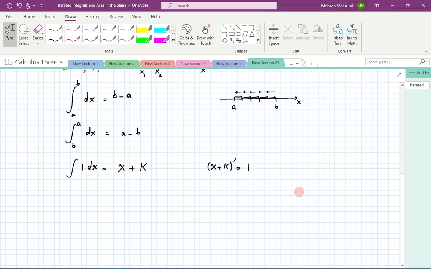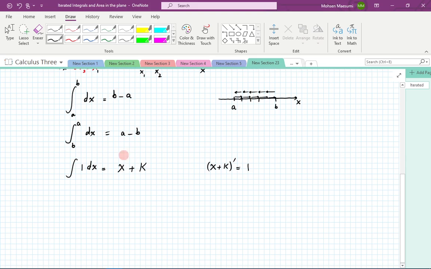Now we said there's a close connection between these two observations. If I have the same integral but made into a definite integral from a to b, I can find this answer by taking my antiderivative and evaluating it at start and end values.